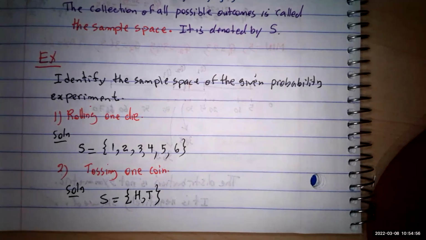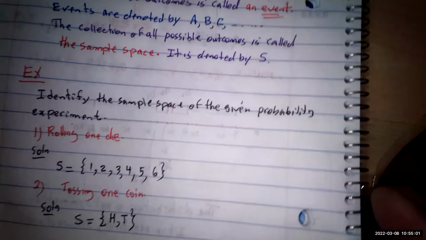This third one is interesting. You have one question on this one on your assignment. So number 2, you toss one coin. How about 3 coins? What's going to be the sample space for this one? We want to know how many possibilities we are going to have.